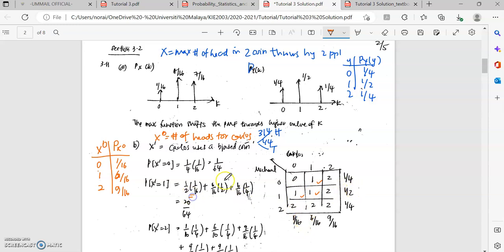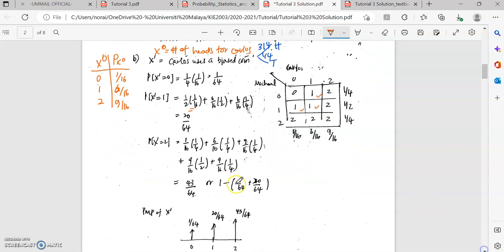The probabilities are 1 over 16 times 1 over 2, and for this, 6 over 16 times 1 over 2, and again 6 over 16 times 1 over 4. So this is 20 over 64. For X prime equals 2, you have this with the respective probabilities. You solve this, you get 43 over 64.